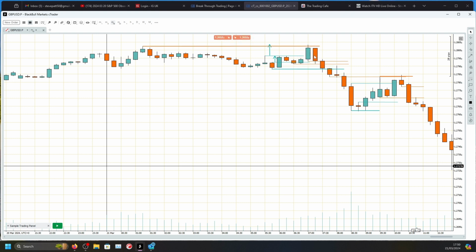But you can see after price went out, I was looking at price to come back and test the level here. But by the time it had come back and tested, see this 15-minute bar had formed, and it formed a 15-minute bearish engulfing bar.